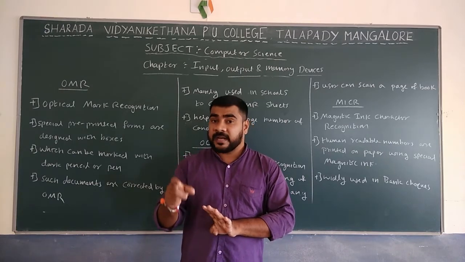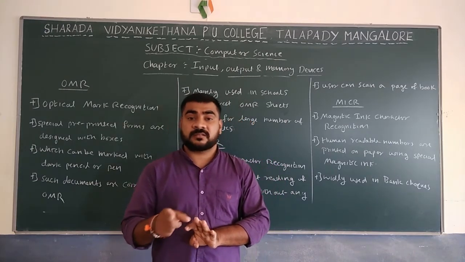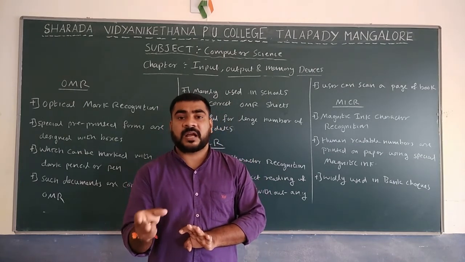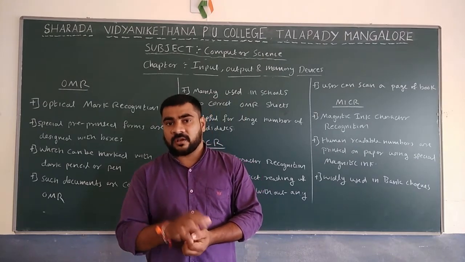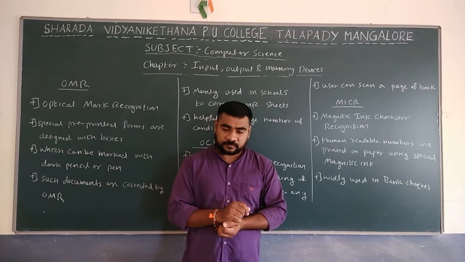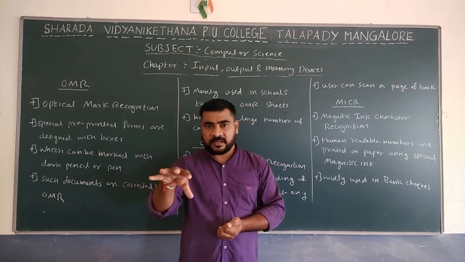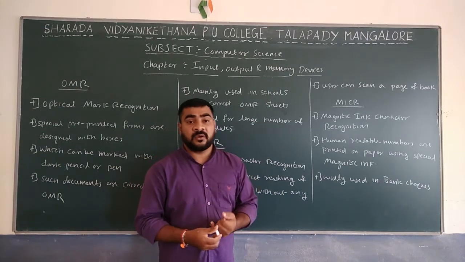Hard copy means data present on paper, and data present in memory is known as soft copy. So we convert data from paper into memory, which is the use of the OCR. If you want to read a particular page from a book, we can scan that page using the OCR, then we can read it. That is the advantage of the OCR.